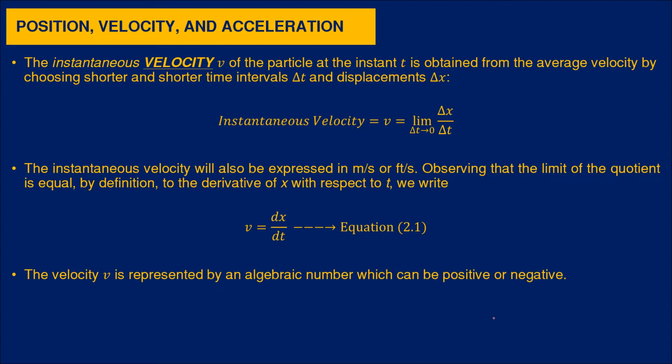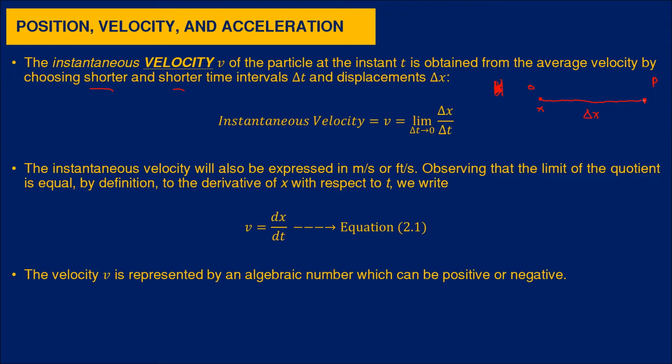The instantaneous velocity, on the other hand, is the velocity of the particle at that instant t and is obtained from the average velocity by choosing shorter and shorter time intervals delta t, and displacement delta x. What does it mean by shorter and shorter? Now if we consider a smaller value, if this is the particle moving from this position x, say from the origin to P, the distance covered is delta x.